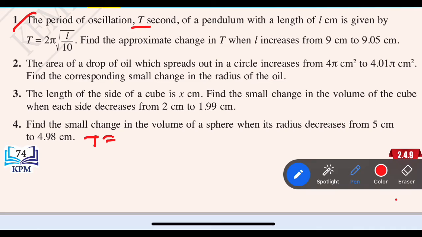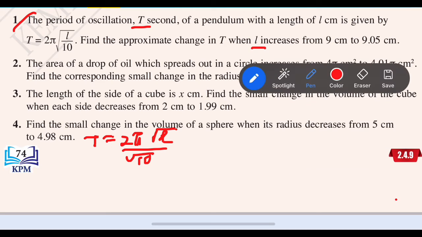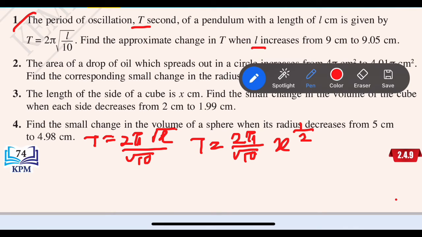Alright, so you are given t equals 2 pi square root of L over 10. So we can read this as square root of L over square root of 10. We can split it out like this, because we have the rule for the square root. Why do we need to do so?